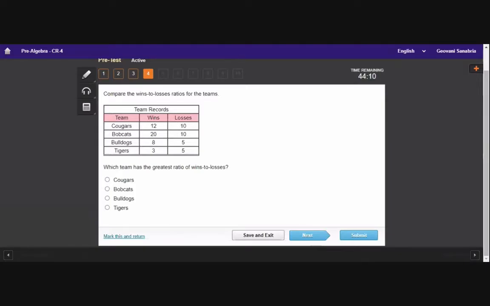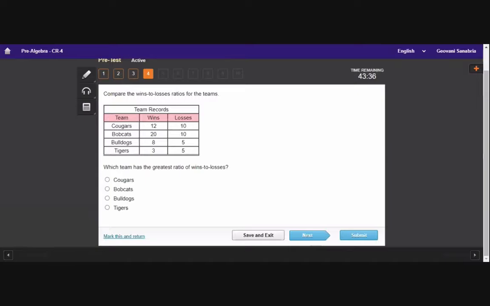Okay, greatest ratio of wins to losses. So it's the same idea, wins over the losses, except for greatest, like the biggest one. So the Tigers.